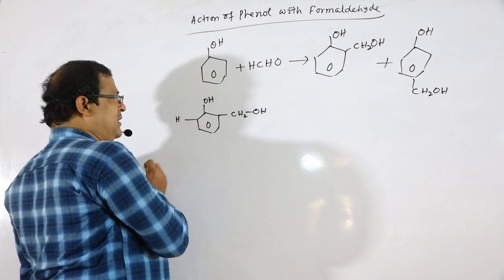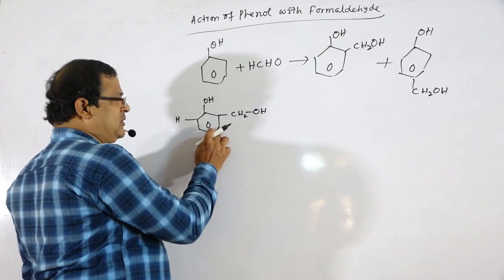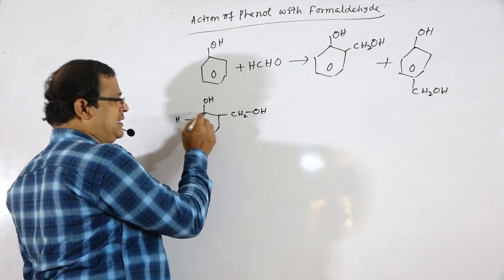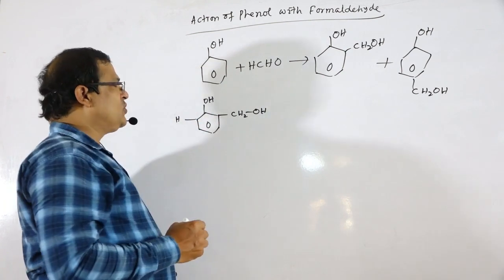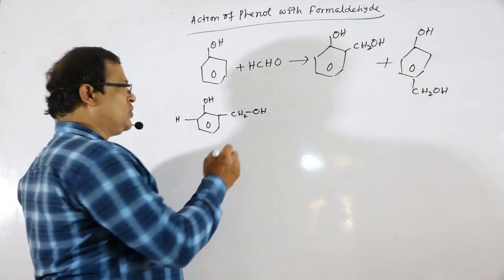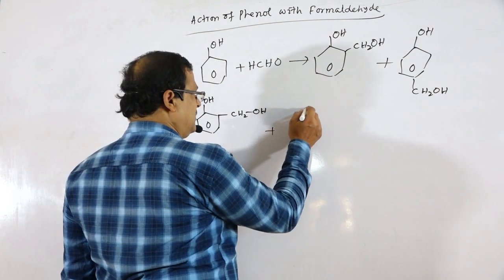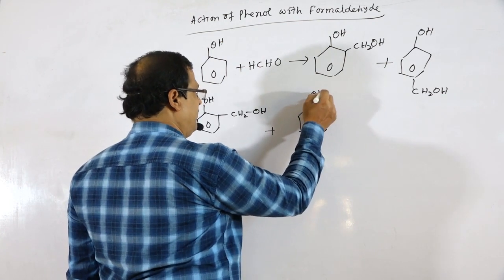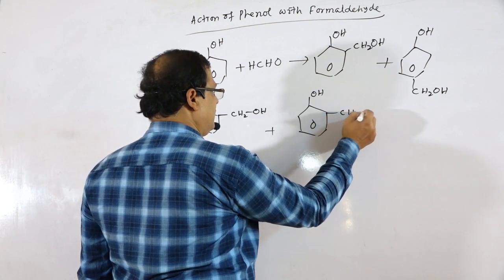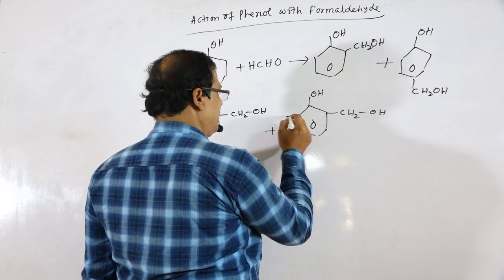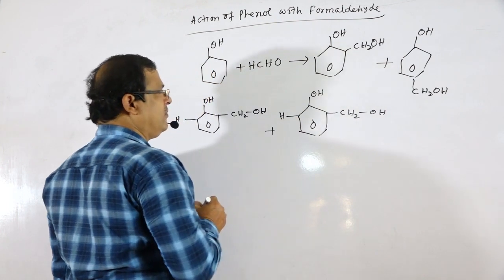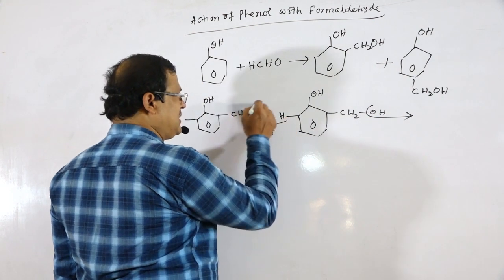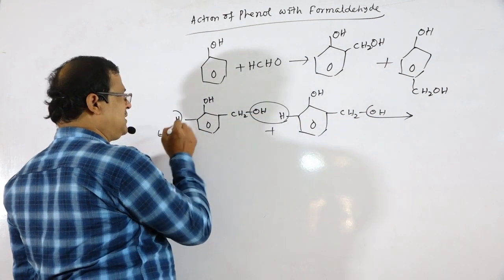The other positions contain hydrogen, carbon atoms attached to hydrogen at each point except these two points. So this ortho product will get polymerized, and this part is removed, H and OH combine to form water.